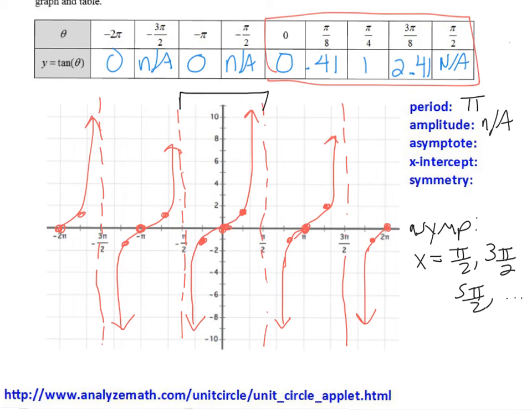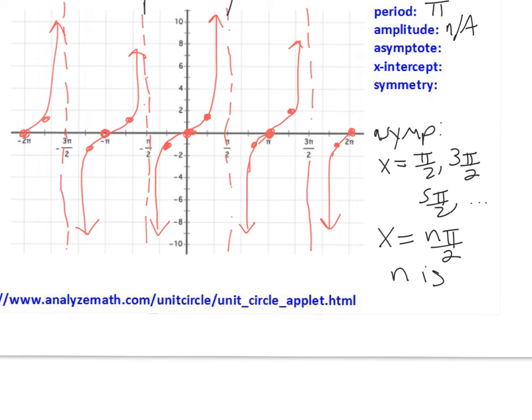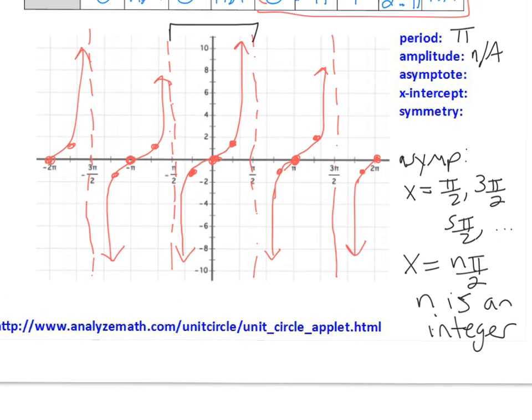So a way to abbreviate that is to say x equals n pi over 2, where n is an odd integer. So you can also go to the negative side for your asymptotes: negative pi over 2, negative 3 pi over 2, negative 5 pi over 2, because integers are positive or negative.